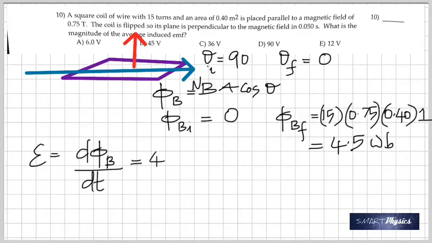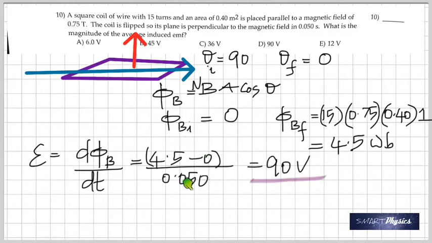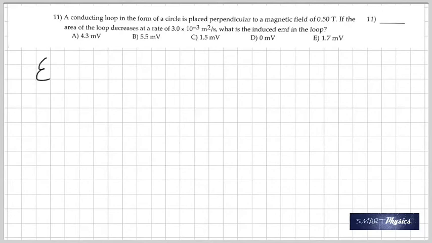So you get the final flux, and EMF is the change in flux, which is 4.5 minus 0, divided by the time. That gives you 90 volt. So induced EMF is the change in flux which went from 0 to 4.5 in that many seconds, right? So 90 volt.